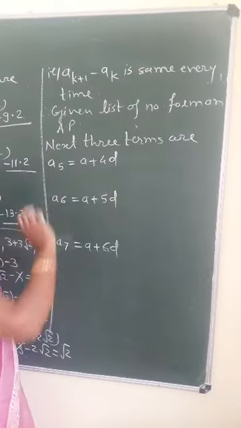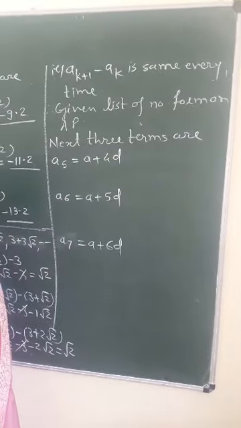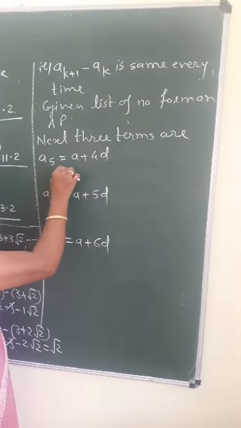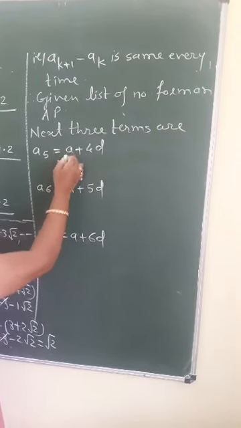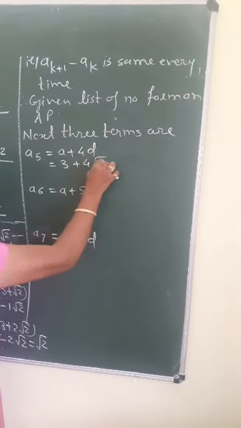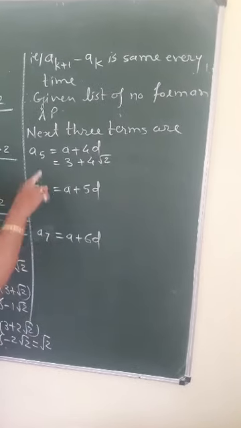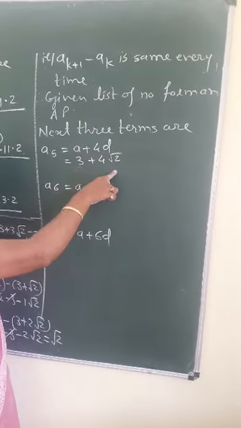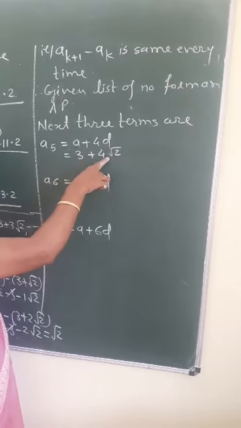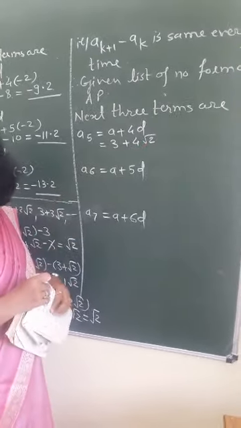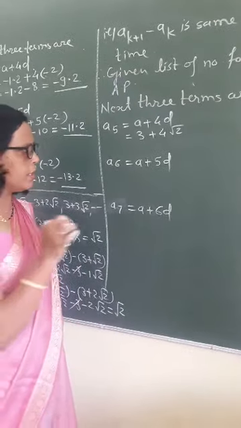Now we have to find the next three terms because the given sequence forms an AP. So A5 is nothing but A plus 4D. First term is 3, and D we got is root 2. So the next term A5 is 3 plus 4 root 2, because addition is not possible: this is a rational number and this is an irrational number. If you are thinking 3 plus 4 is 7 root 2, it is not possible.